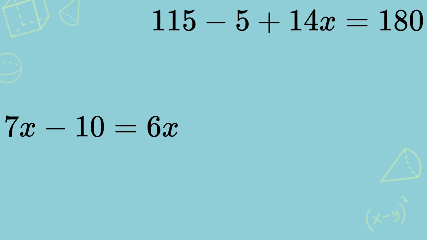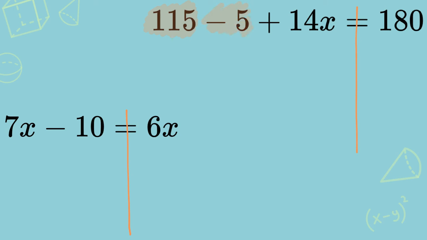These look very similar to the types of problems that you are going to see in geometry this year. So we still start off solving them the same way. If we have more than two terms on one side of the equation, I need to begin by combining like terms. So we can combine the 115 and the -5.